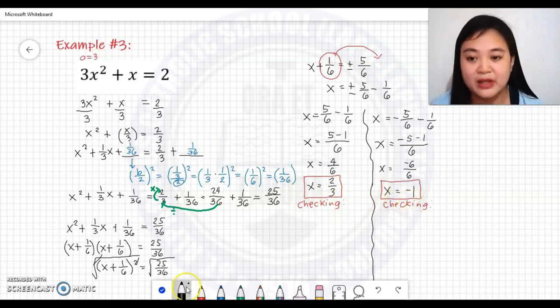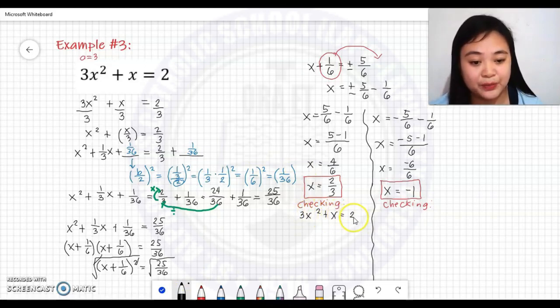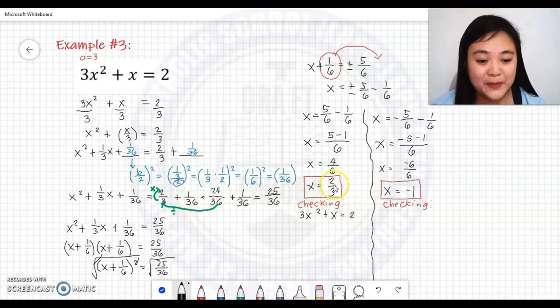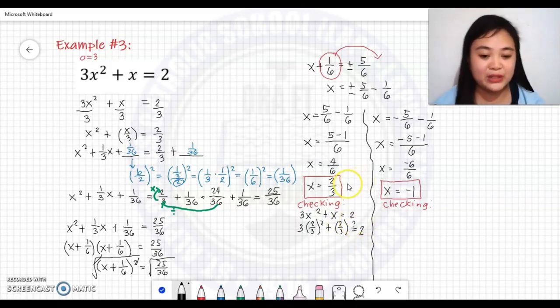Okay, so we will use the original given, which is 3x squared plus x equals 2. Now we're going to substitute 2/3 for x in the given equation. So it will become 2 over 3 squared plus 2 over 3, is it equal to 2? Okay, here. Now we will simplify.